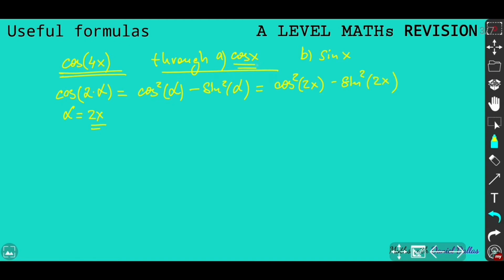Because your primary goal is to express through cos x, you again need to apply the formula. But the problem is that if you apply the formula for sine 2x, you'll get maybe not a very good way, because sine 2x is going to be 2 sine x cosine x, and then you need to again raise to the power of 2 and express sine squared x through cos x, okay? So it's more efficient first to stay with one trigonometric function, in this case express sine squared 2x through the trigonometric identity.